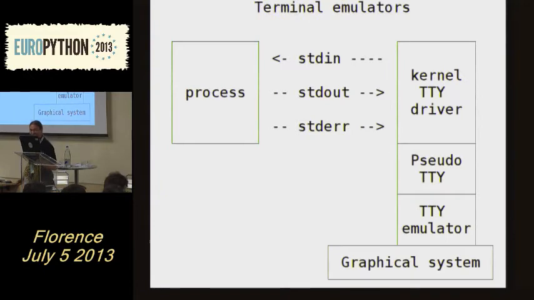It's a bit complicated now because this whole machinery for interacting with the hardware terminals is connected to a pseudo terminal and a terminal emulator, which draws stuff in your nice little window on your graphical screen. And it's also a bit more complicated in that if you type something on the keyboard, it doesn't go directly to your process. Because what happens if you, for example, press backspace?